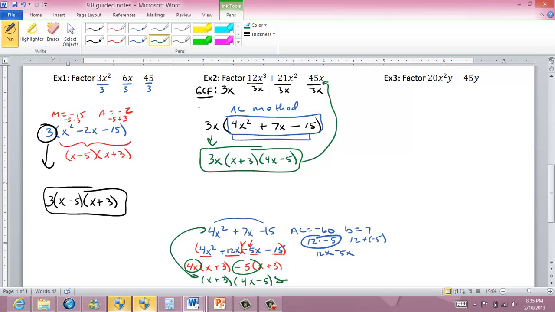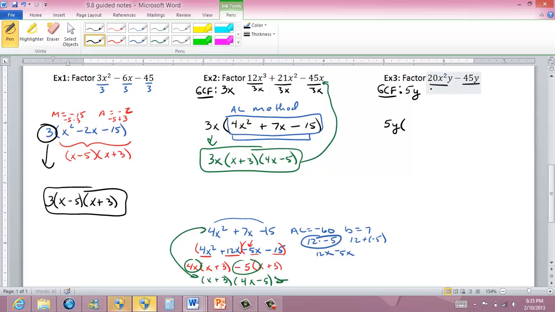Now the last problem, okay, if I look at the greatest common factor here, what is the largest number that goes into 20 and 45? Obviously that is 5. Now, do both terms have an x? No, so I cannot factor out an x, but both terms do have a y, so my greatest common factor is 5y.